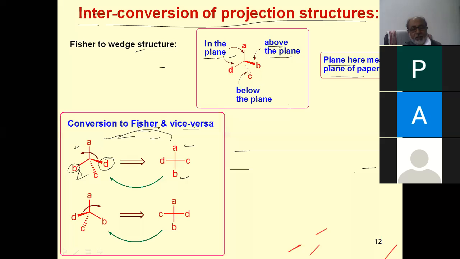When it is there in the wedge projection, this is making an angle here, which is an obtuse angle. Just bring this bold one, the group above the plane, to this side. So it comes here, left hand side, and automatically C will go to the right hand side. Okay?